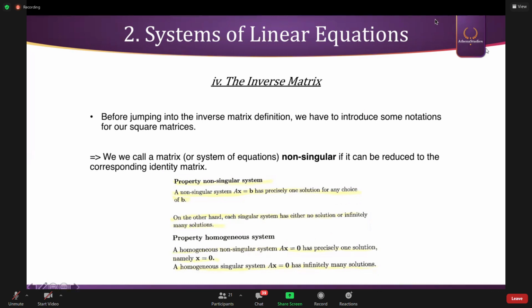Before jumping into the inverse, we need a few more notations about what a non-singular and what a singular matrix is. So we call a matrix or a system of equations non-singular if it can be reduced through the row reduction procedure to the corresponding identity matrix.